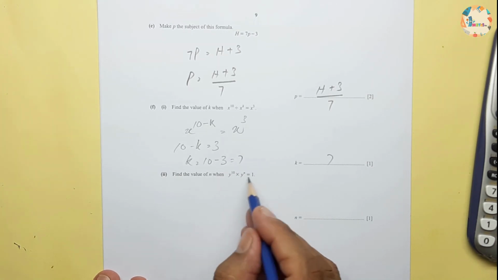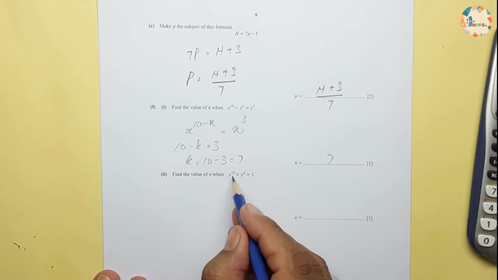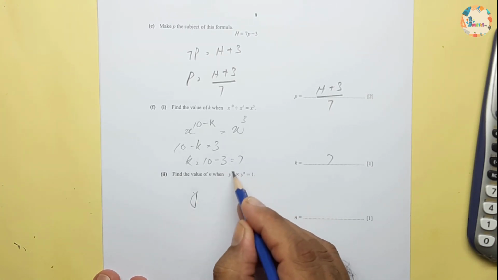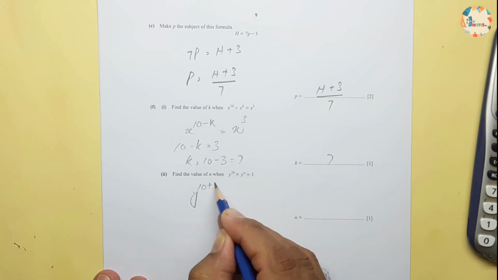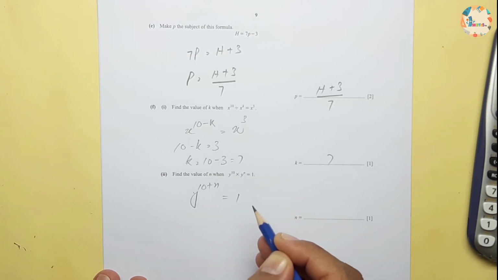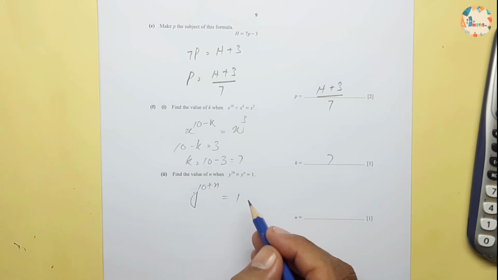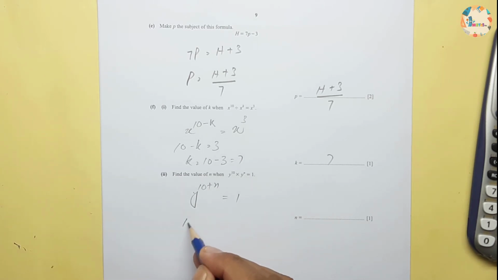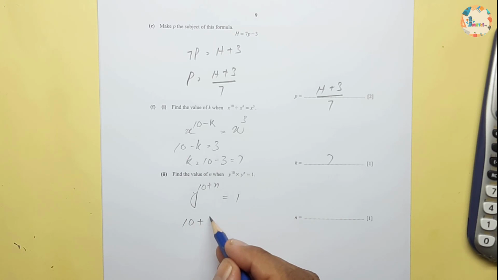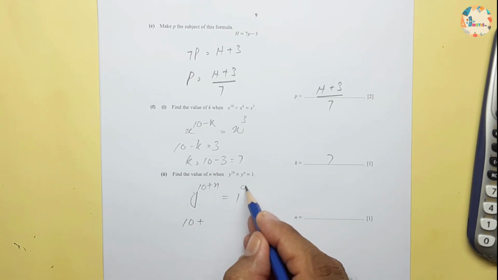Find the value of this one. We can multiply, in multiplication powers will be added. So 10 plus n will be equal to, for this one, we can write 1 raised to the power 0.